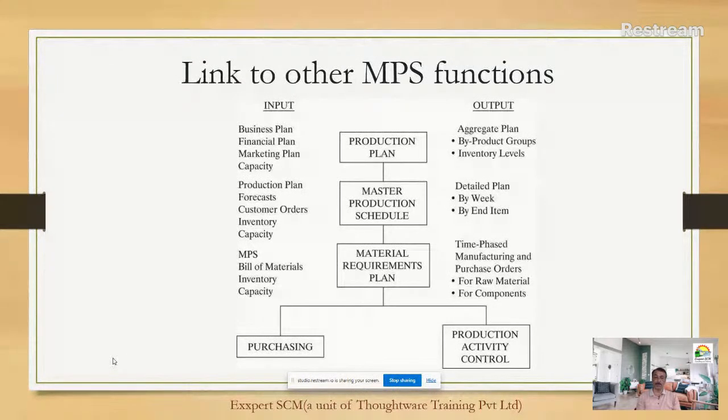In this slide, you can also see the hierarchy in terms of the level of detail required. It starts with the family at the production plan. When it comes to master production schedule, it could be end product. Whereas in MRP, we are talking about planning at SKU level, and it is more of an operational level. So maybe in the coming days or coming week, planning is executed using MRP.